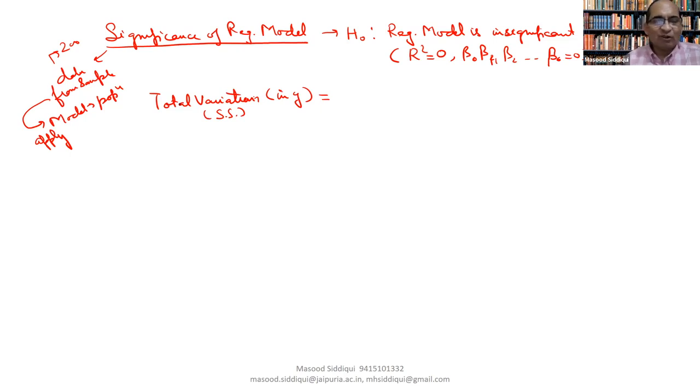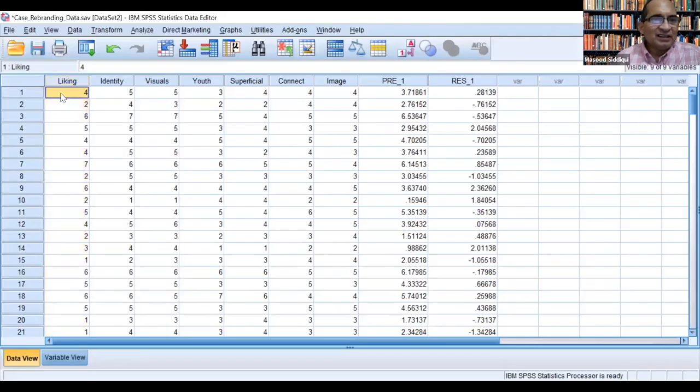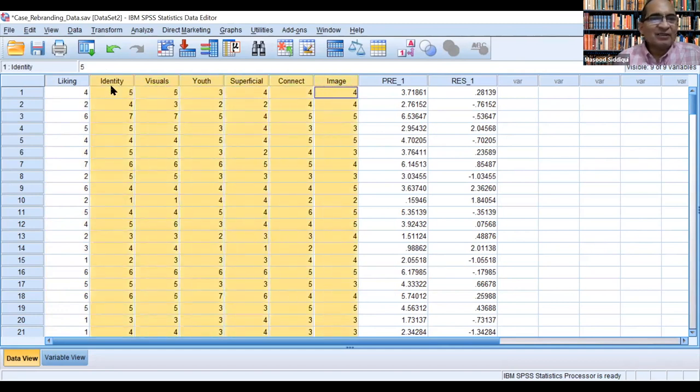Now we examine what the reasons for this variation are. One reason is, let me share the data file again. As you see, here we have value 4, here we have value 2. So one reason may be that the respondents or customers are giving different values to the independent variables. Because of the change of these values, the value of y may change. In the same manner, these other values are also changing.